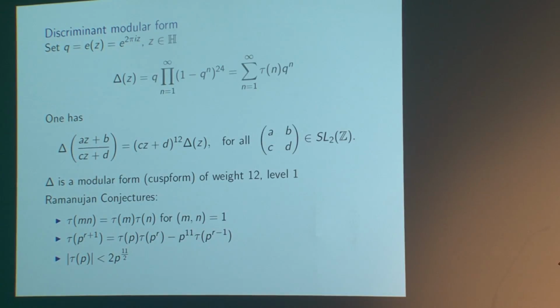And Ramanujan conjectured that these coefficients are multiplicative, and for powers of primes, they are related by a recursive formula. And he also made the conjecture that tau(p) is bounded by p to the power 11 by 2, essentially.